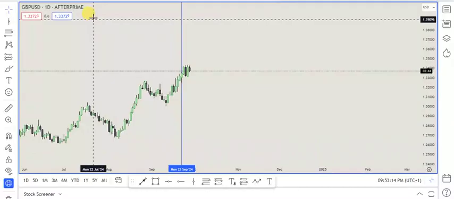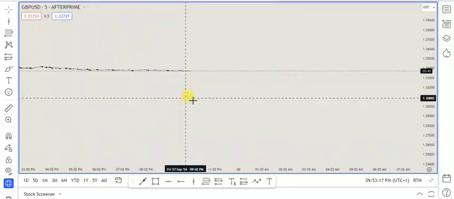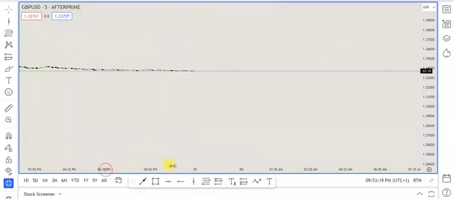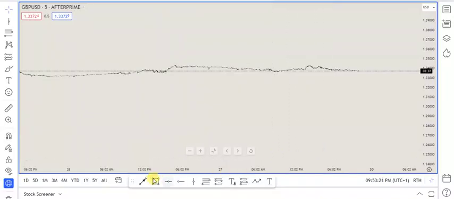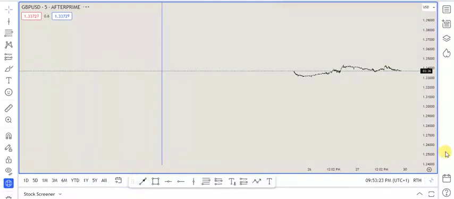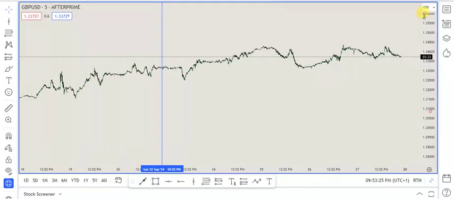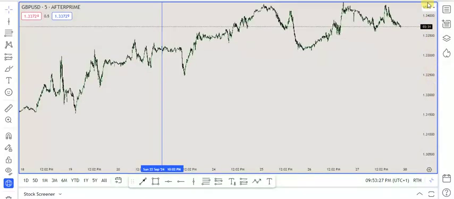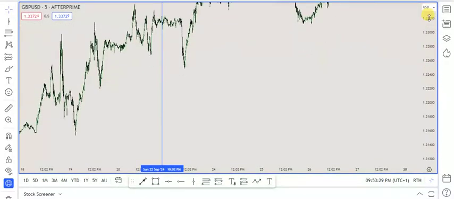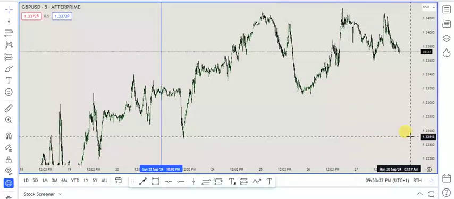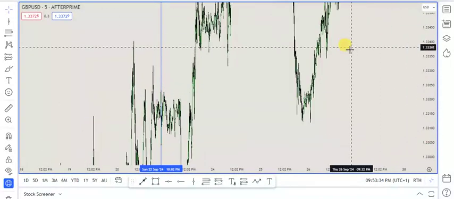So let's go down to the 5 minutes time frame on GU quickly, and I'll show you. Let's go back to where the week started. Okay, this is where the week started, 5 minutes, right?